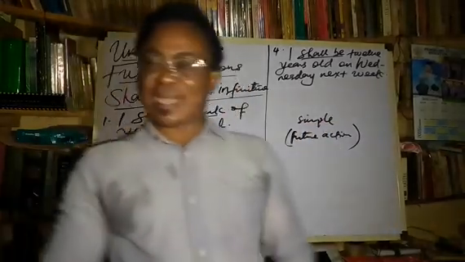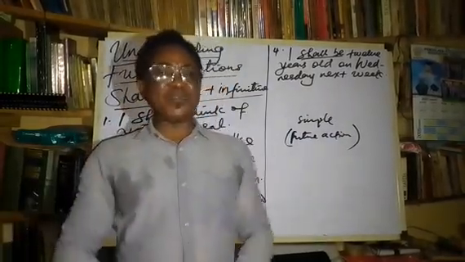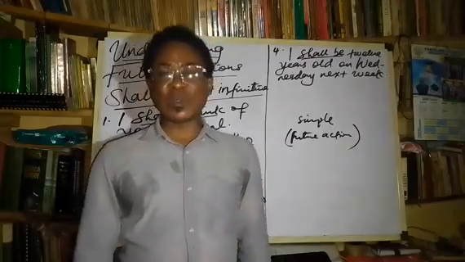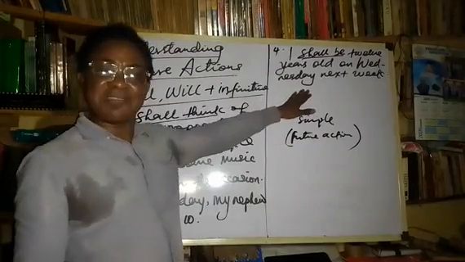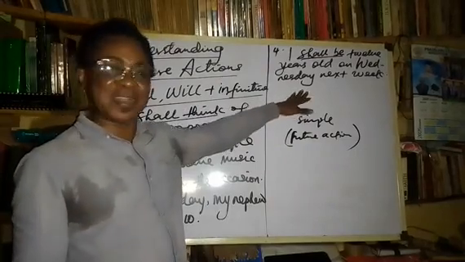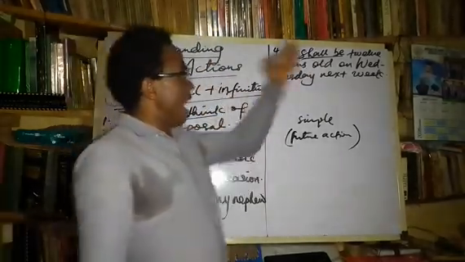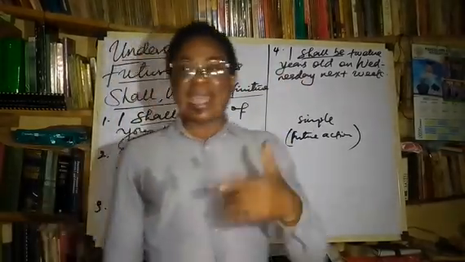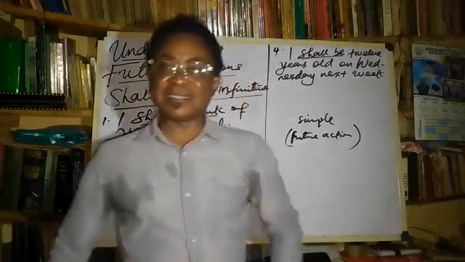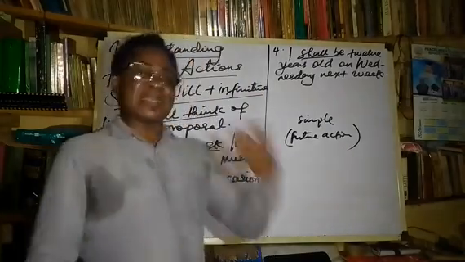Simple future action means an expression of an event we expect to hold in the future. Whether I live or not, whether I am alive or not, my birthday will still come and go. So when I say I shall be 12 years old on Wednesday, I am talking about an event that will come to pass. So it is called a simple future tense.